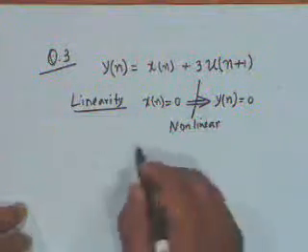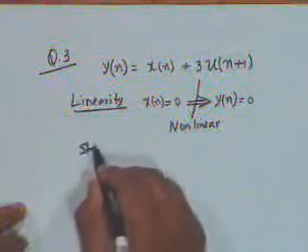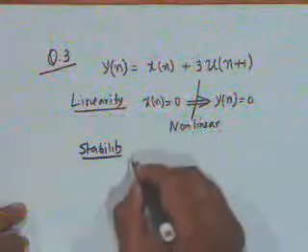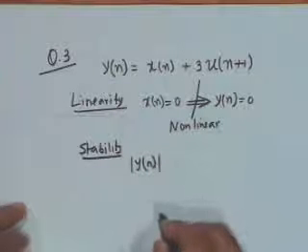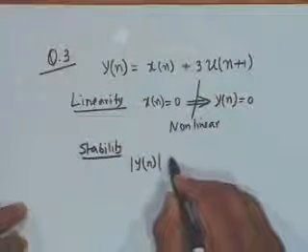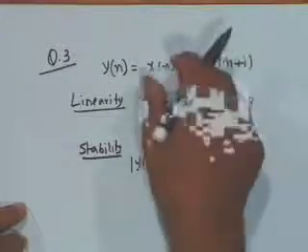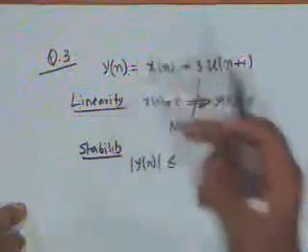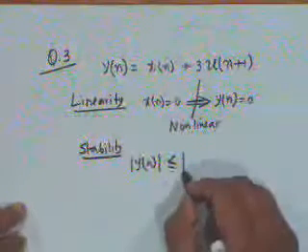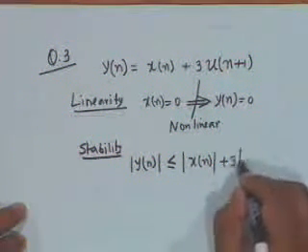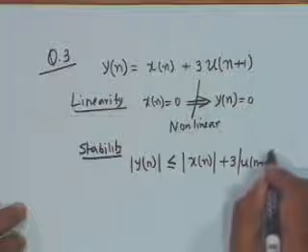Now the question of stability. Well, mod y[n] is less than or equal to, if I take the mods individually, x[n] could be positive or negative, and therefore this would be less than or equal to mod x[n] plus 3 u[n+1].